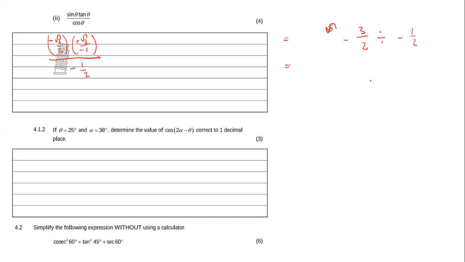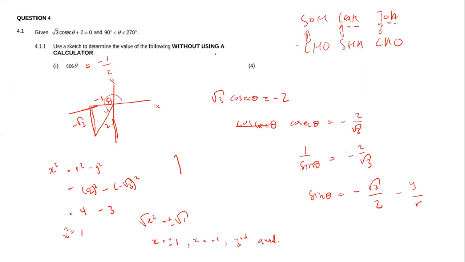And the following step will be -3/2. Now this divide, I turn it into multiplication, and I take the reciprocal, which is going to be 2/1. And therefore, this will cancel that. Negative by negative will be positive, and then my answer will be +3. You see, they say to us without using calculator.